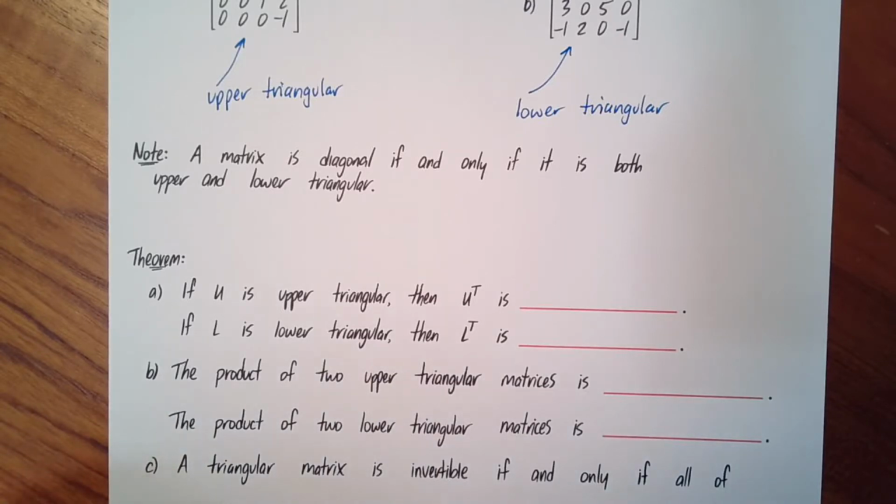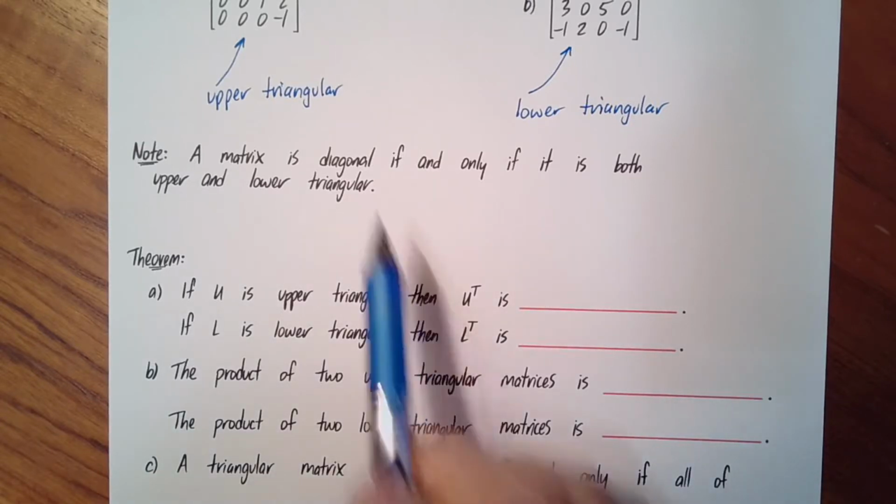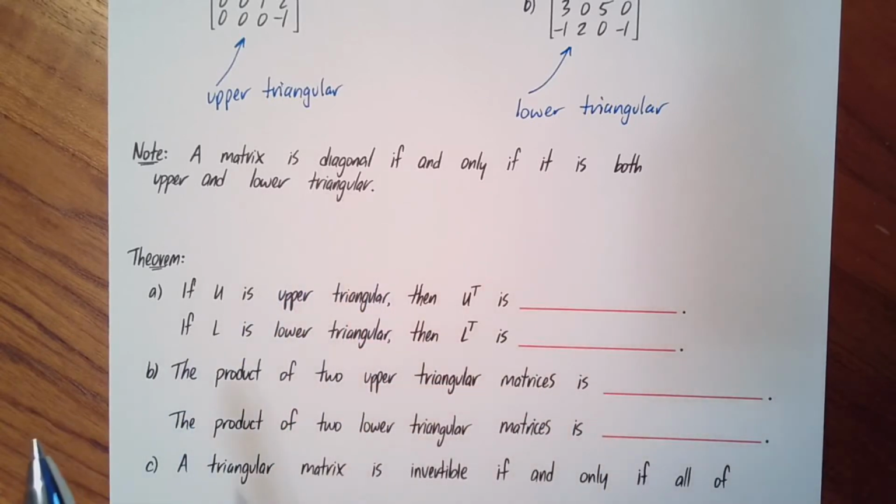But if it's lower triangular, then all the non-zero entries must be either on or below the main diagonal. In other words, there's only one place that you're allowed to have non-zero entries, and that's right on the main diagonal. So if all your non-zero entries are on the main diagonal, then you're a diagonal matrix. And that's the justification for this remark.